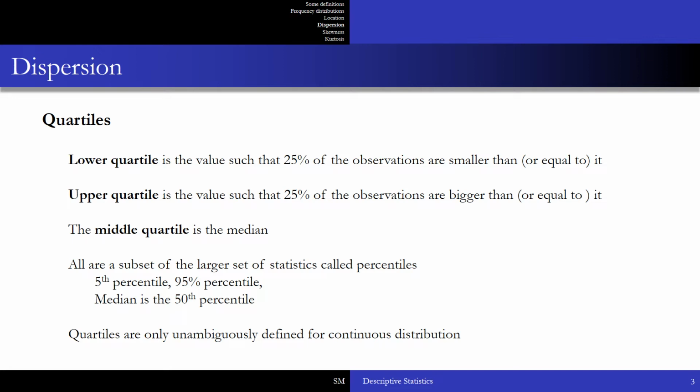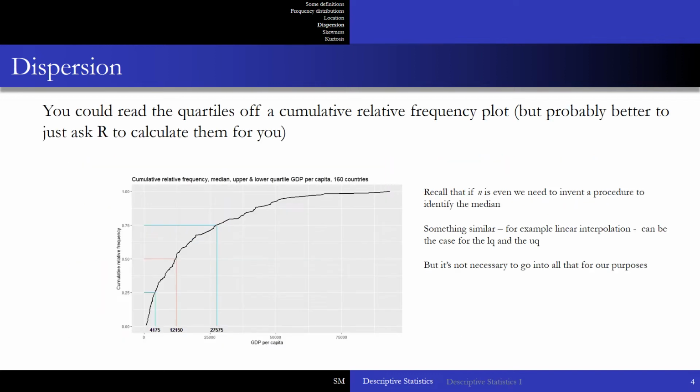One important thing to note, quartiles are only unambiguously defined for a continuous distribution. You could read the quartiles off a cumulative relative frequency plot, such as the one that I'm showing you here. But it's probably better to just ask R to calculate them for you.